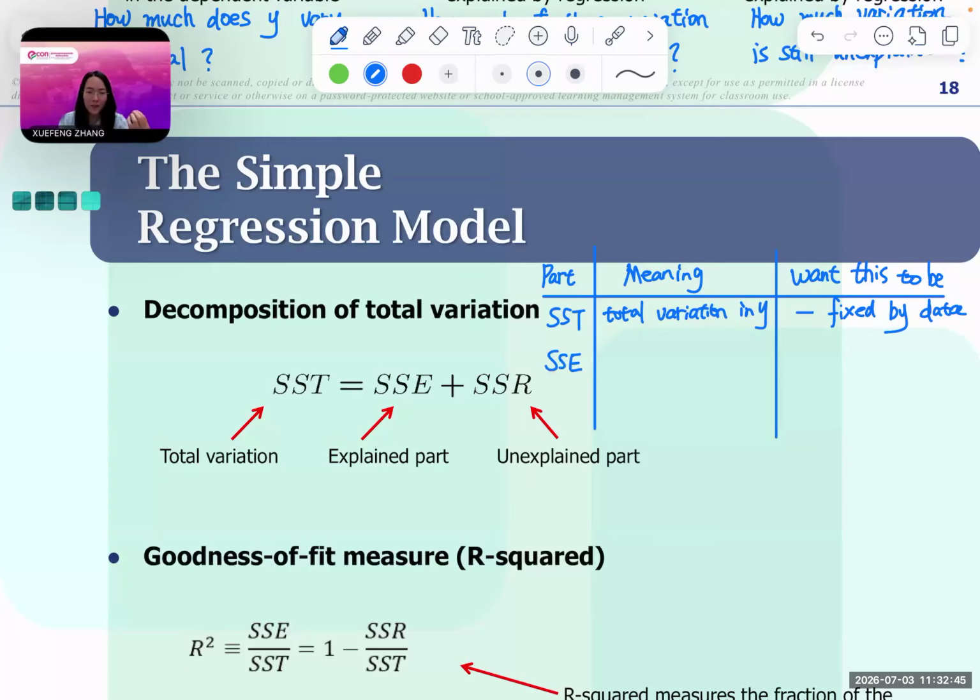This is explained by X, and we want this to be as large as possible. We want to explain more.